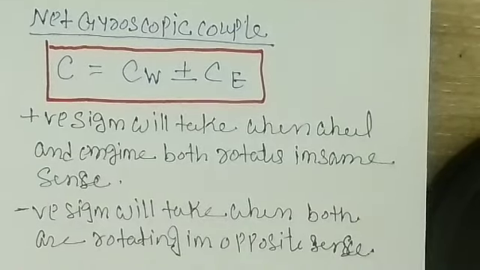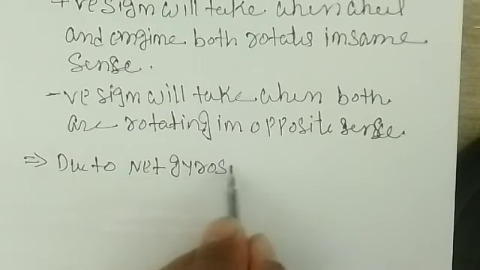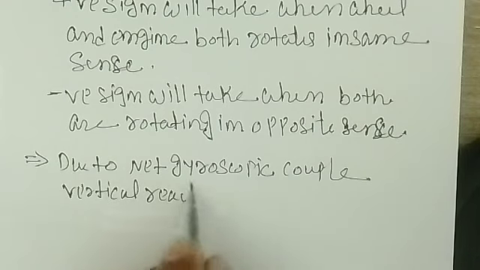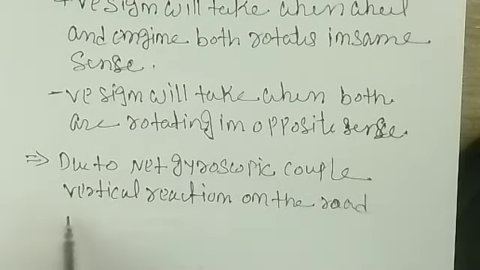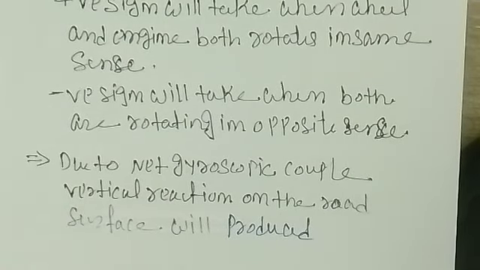So now you can make a point: due to the net gyroscopic couple, that means the gyroscopic couple which we have discussed just now, the vertical reaction on the road surface will be produced, and that magnitude you can say is P by 2.